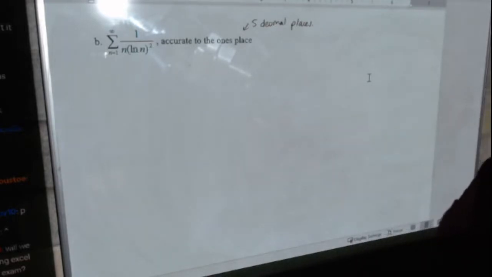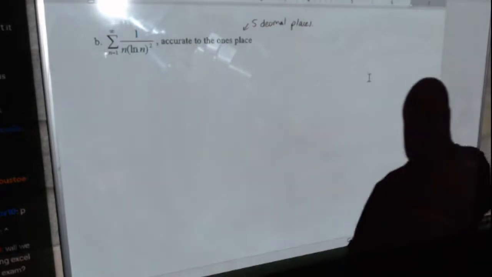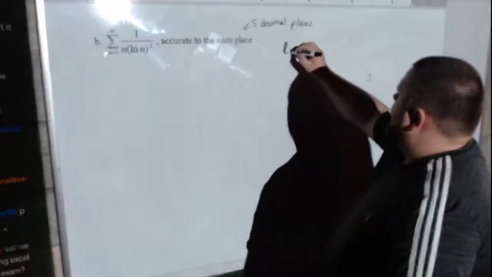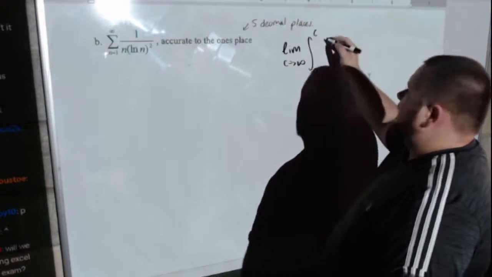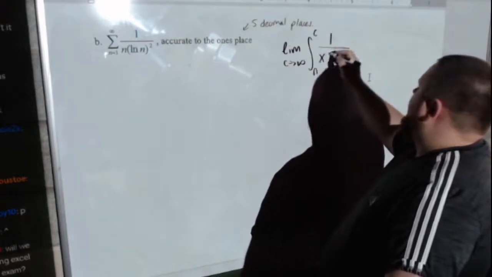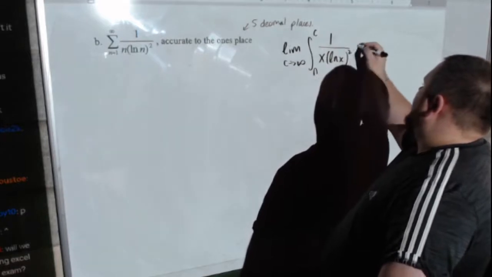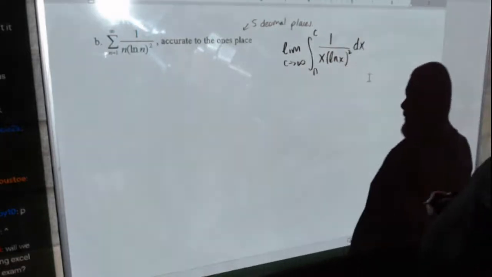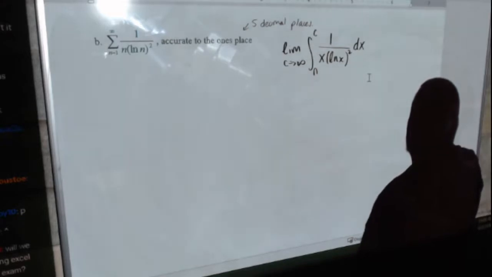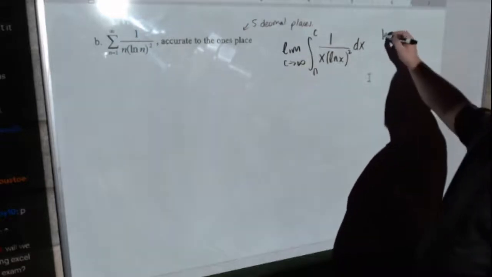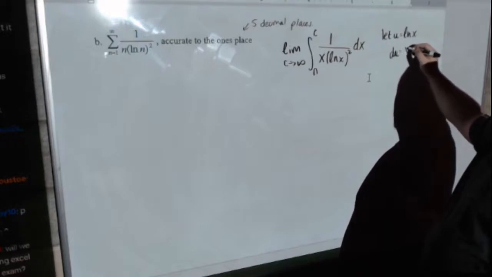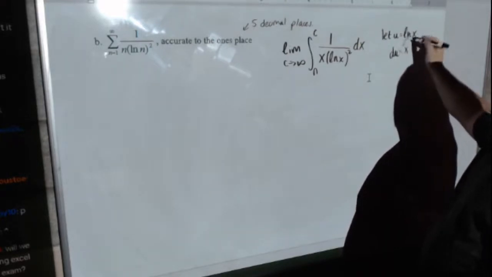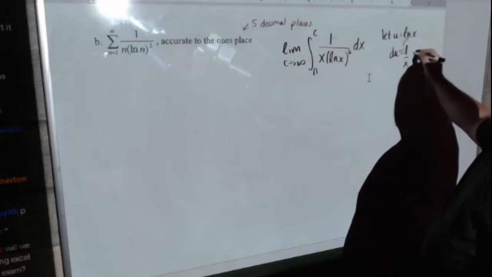So, if I integrate this guy, it would be the limit as c approaches infinity, integral n to c, plug in the function, all right, you would have to let u equal the natural log, du would equal 1 over x dx.